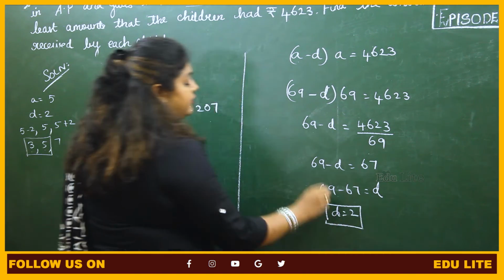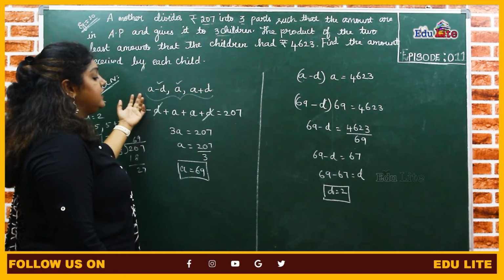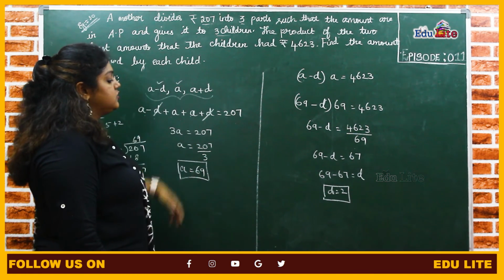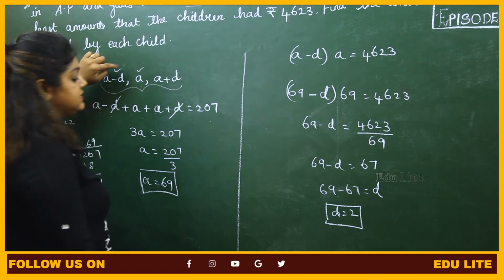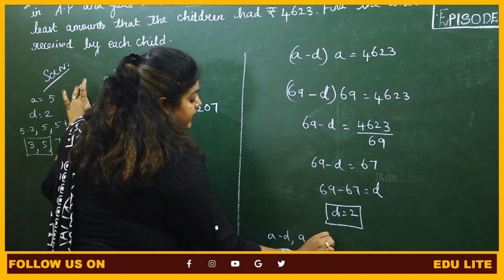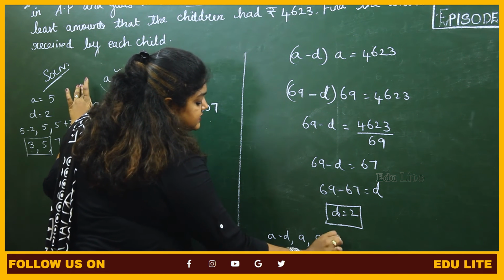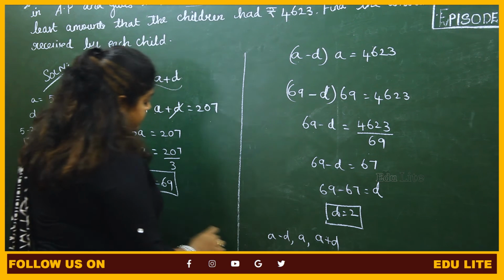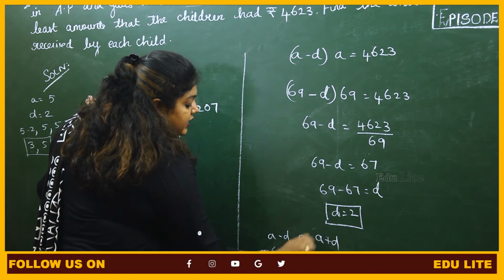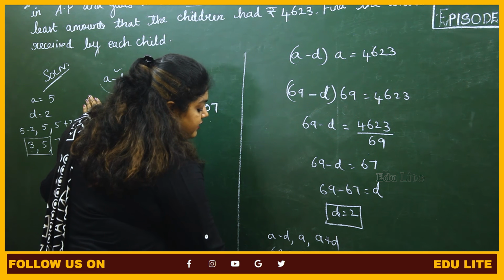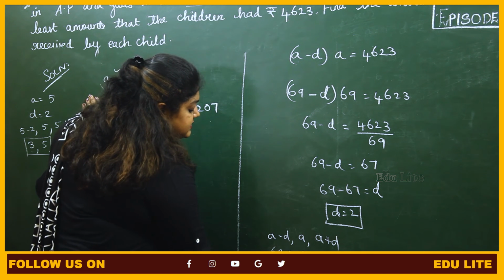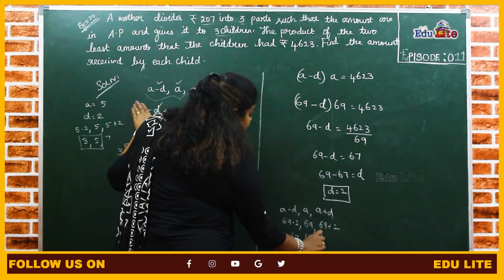So we got the values of A and D. If we substitute in these 3 consecutive terms, we will get the amount received by each child. So we will substitute in A minus D, A, A plus D. A value is 69, D value is 2. 69 minus 2, comma, A value is 69, comma, 69 plus 2. 69 minus 2 is 67, 69 and 71.